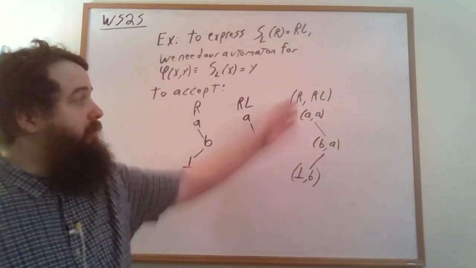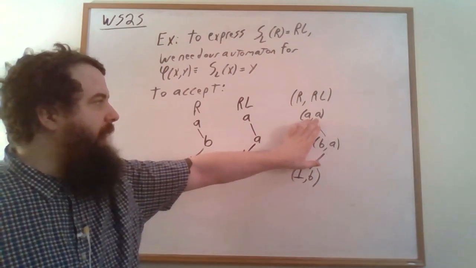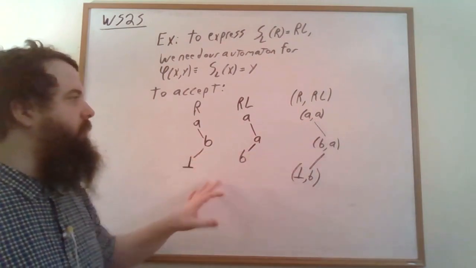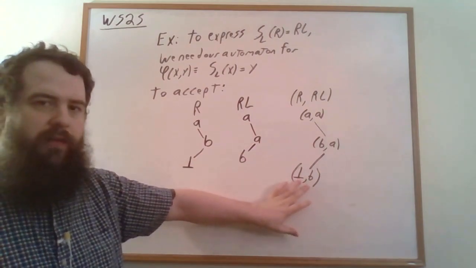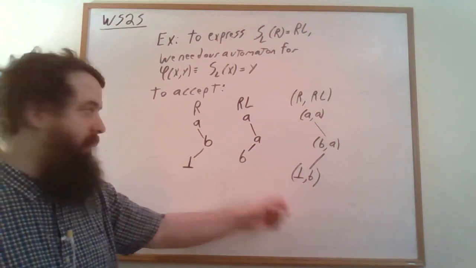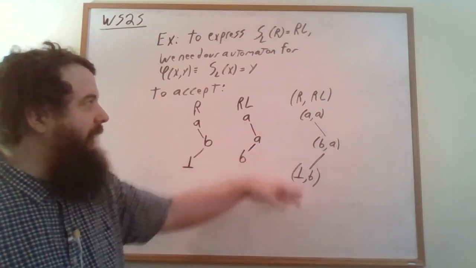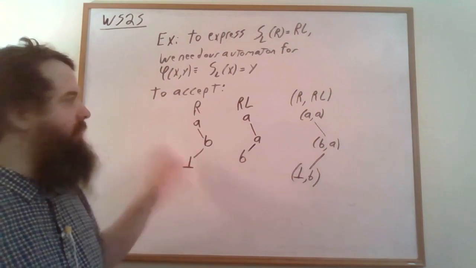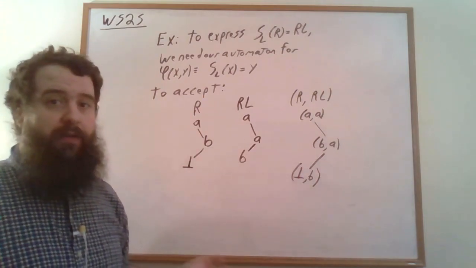And now we have a tree on a larger alphabet. We needed to take pairs of elements from the original alphabet, and we also needed to include the possibility that one of those symbols was one of these bottom characters to indicate that we're past the end of one of the inputs, and we get a tree that represents our pair of inputs.